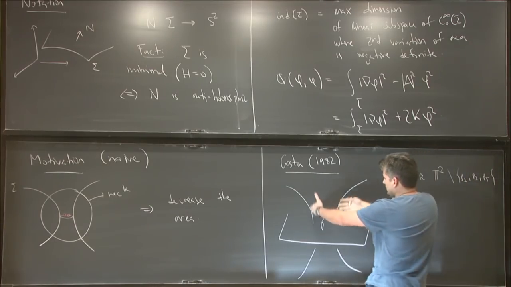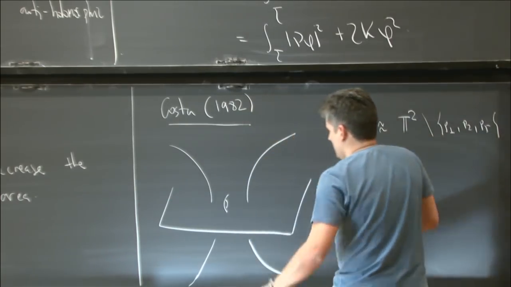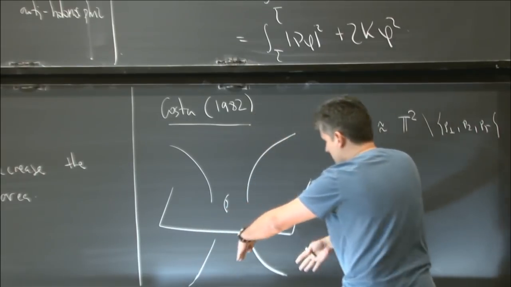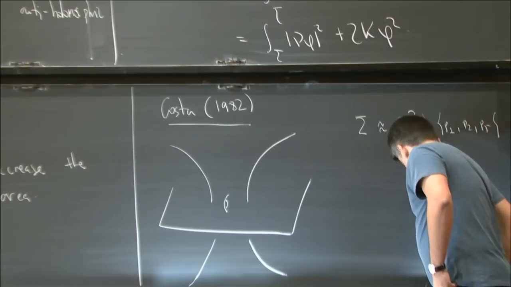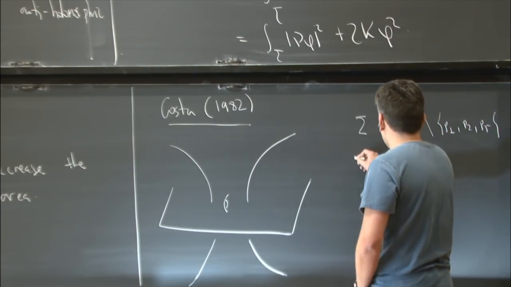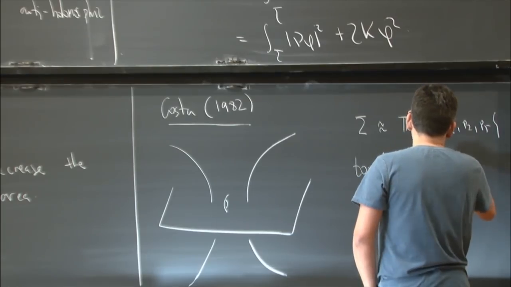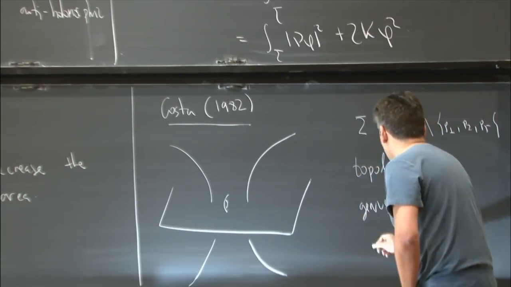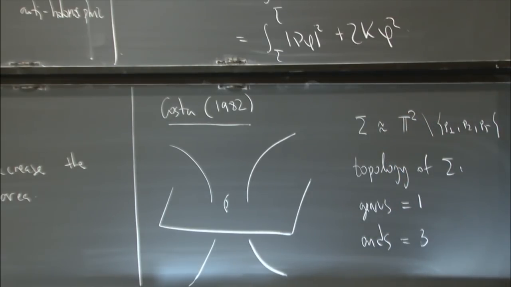So this looks like a catenoid. The height grows logarithmically with the distance. Then a planar end, and another catenoidal end coming down. Let me write the topology of sigma. It has genus 1 and the number of ends is 3. But we see a lot of necks.